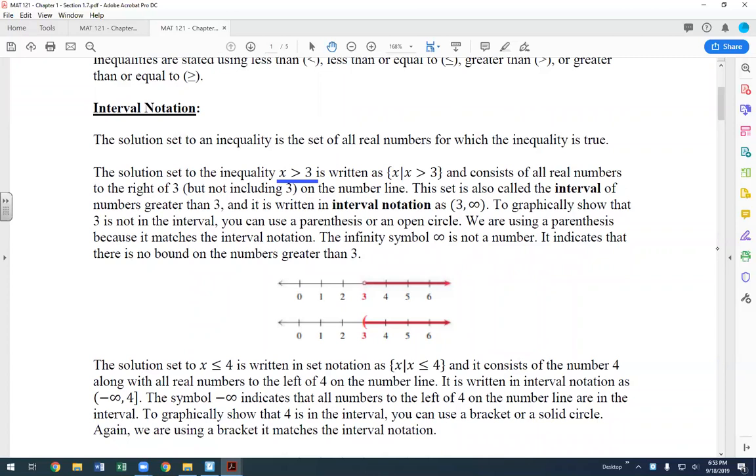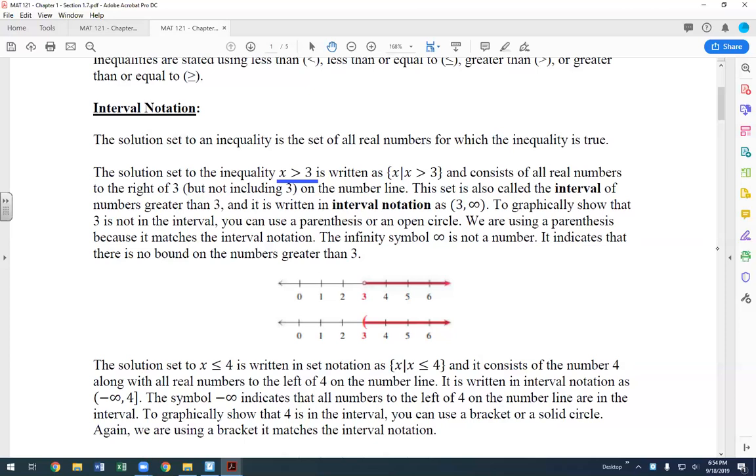Now this one here is a strictly greater than inequality, right? Which means 3 itself cannot be a solution. But anything beyond 3, even something like 3.00000000001, can be part of my solution set, but 3 itself cannot be. And of course, nothing smaller than 3 can be included in that.